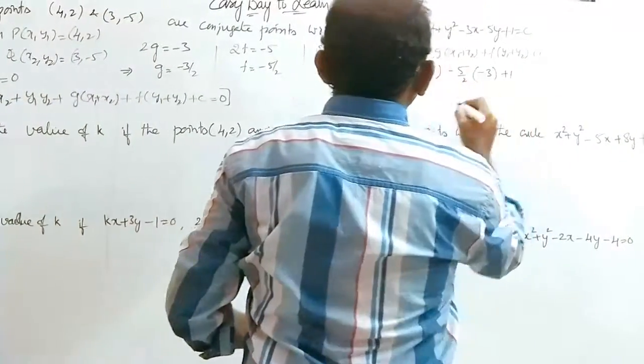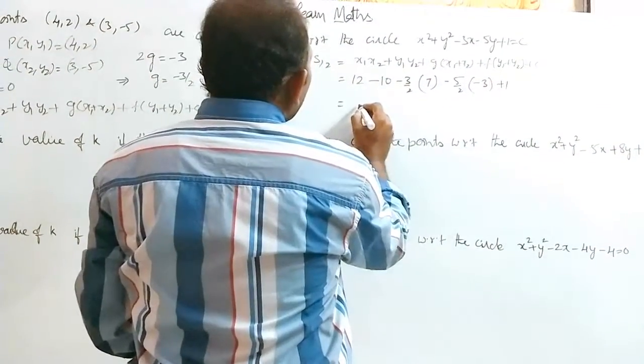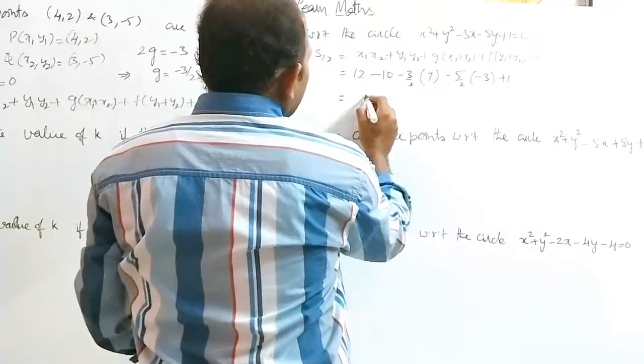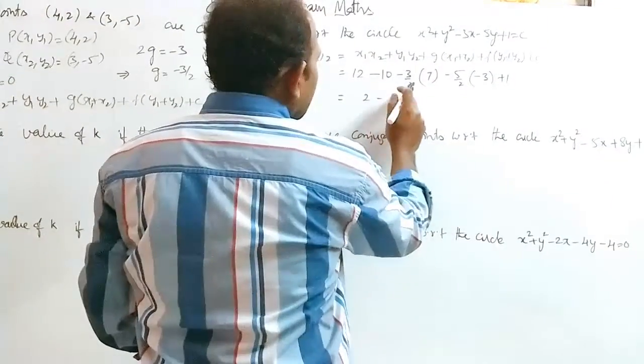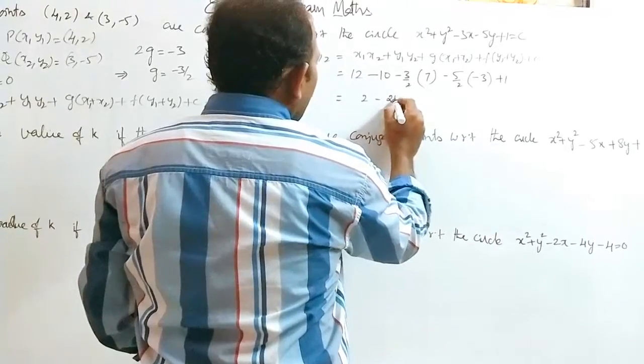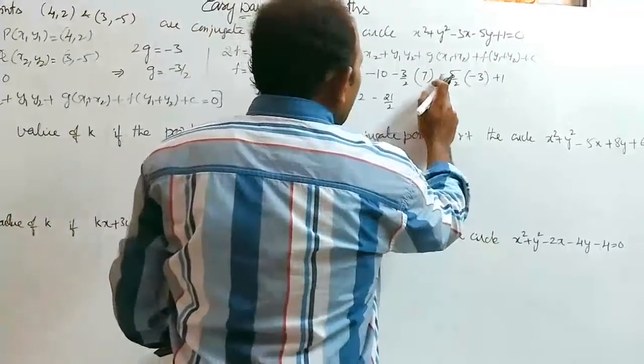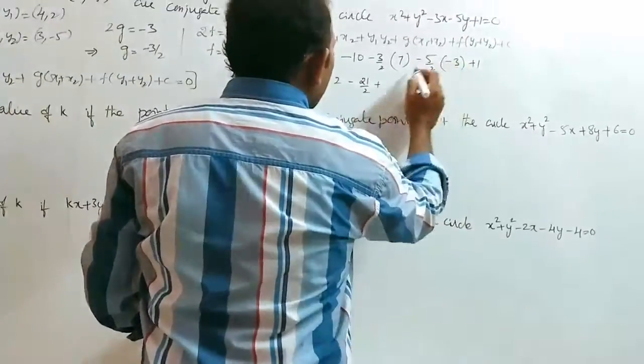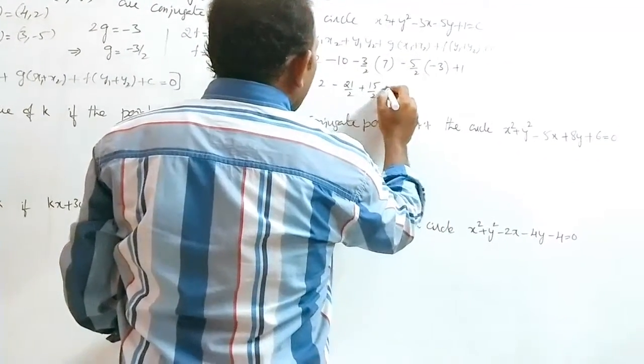Plus 1, therefore that is equal to 12 minus 10, 2, minus 21 by 2, minus minus plus 15 by 2, plus 1.